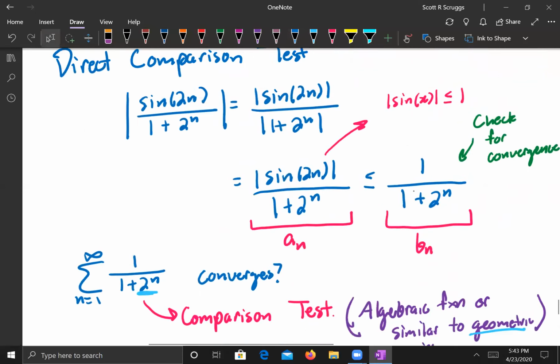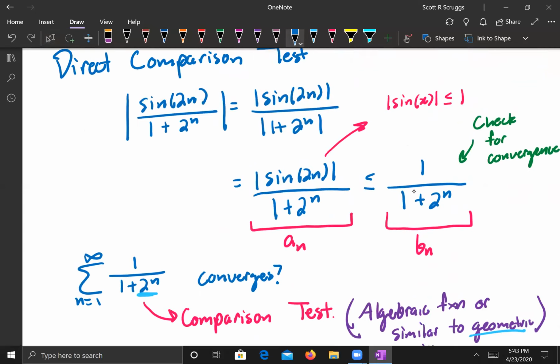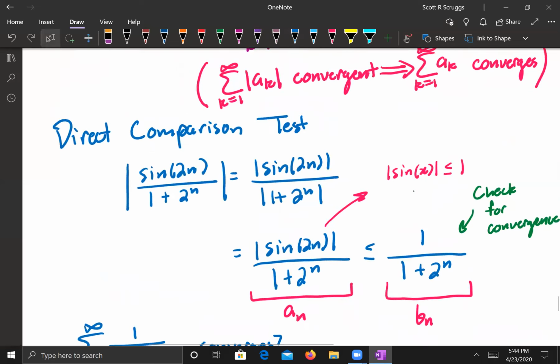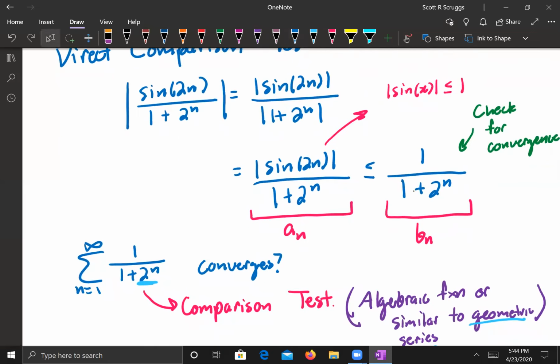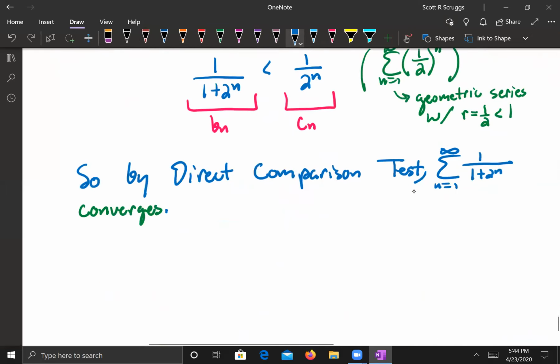Now going back up to here, I now check that the series with terms b of n, 1/(1 plus 2 to the nth power), converges, which means by direct comparison test, the series that I wanted to test in the very beginning is also convergent. So I'm going to write that down.